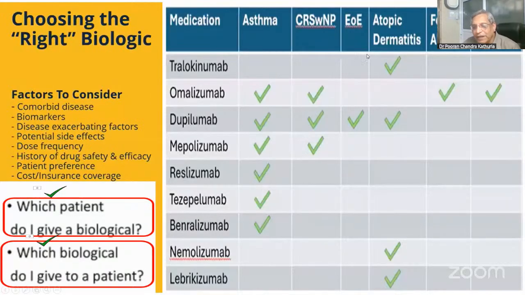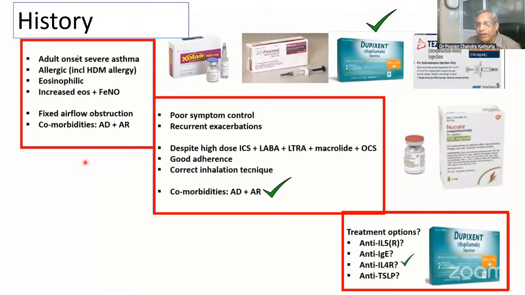biologicals and their indications. The question arises: which patients do I give a biological, and which biological do I give? In India, we have three. I will just give you one example. This is a patient with adult-onset asthma, house dust mite allergy, eosinophilia also high, fixed airway obstruction, comorbidities AD and AR. What will you do?